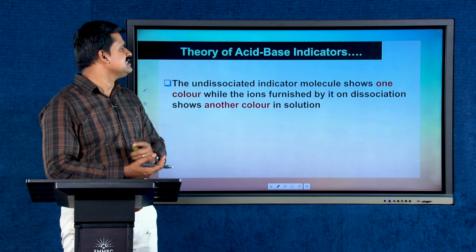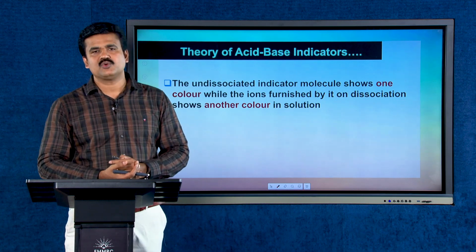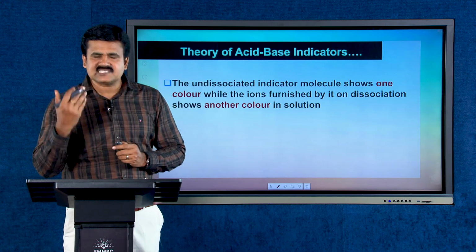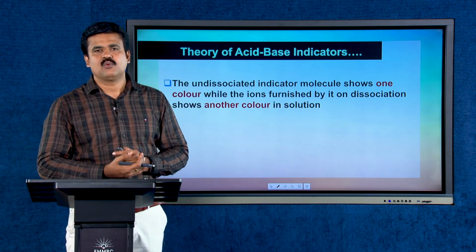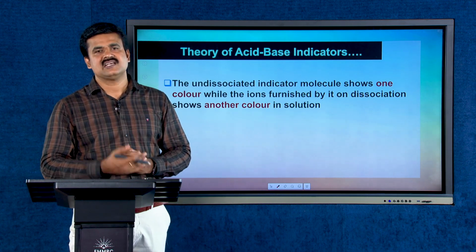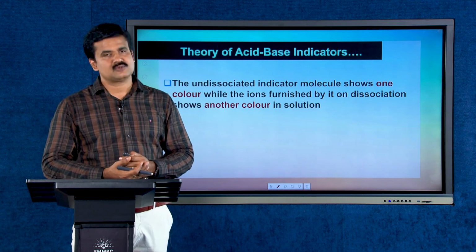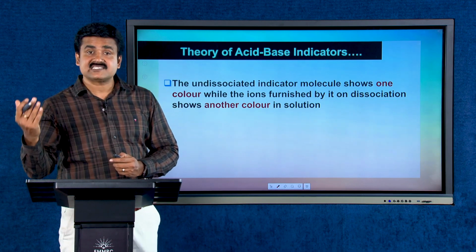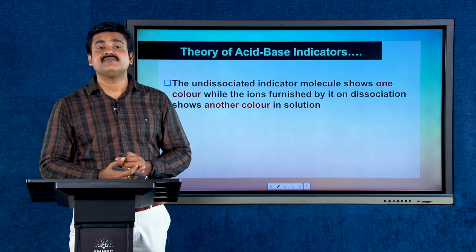The undissociated indicator molecule shows one color, while the ions furnished by it on dissociation show another color in solution. That is, ionized form and unionized form have different colors.